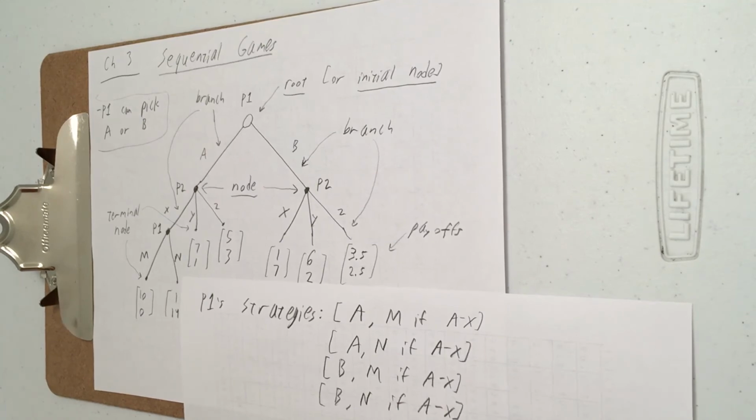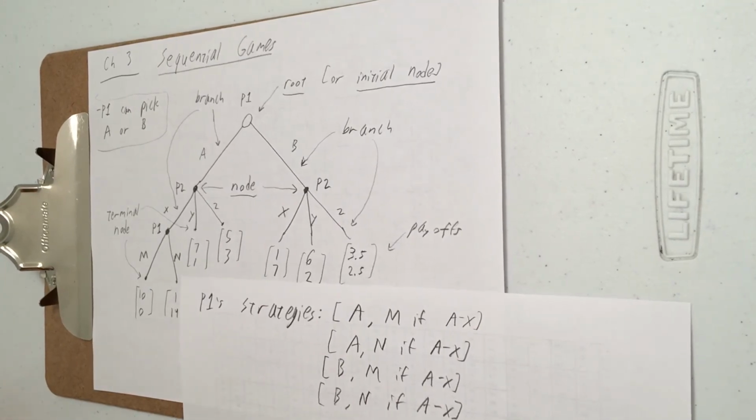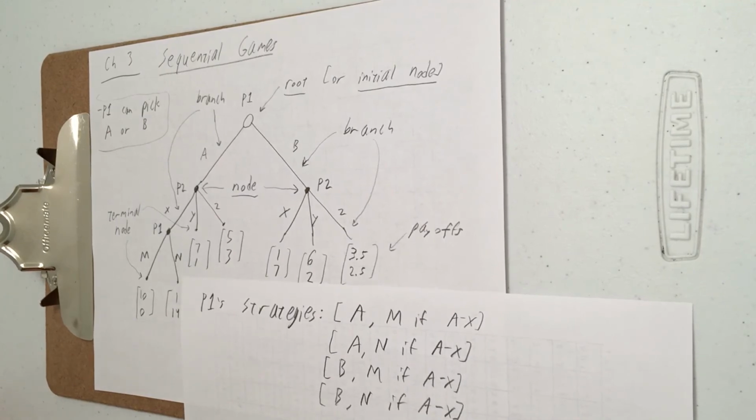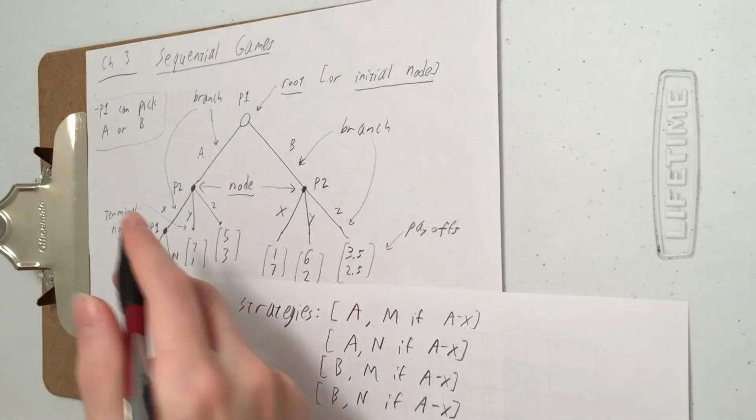Now that, although I just put into the definition, usually does not entirely clear up the confusion, so here's perhaps a better way of thinking about it that makes intuitive sense. There's always a small risk that a player makes a mistake. So maybe player 1 goes into this game thinking, I'm going to play B, I'm going to play B, I'm going to play B, and then they play A by mistake.